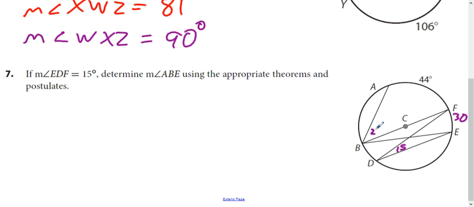So the angle is 22. We also know that this arc right here, FE, is 30. So any inscribed angle is going to be half of 30. We have another inscribed angle right there. So that's going to be half of 30, so that's 15.